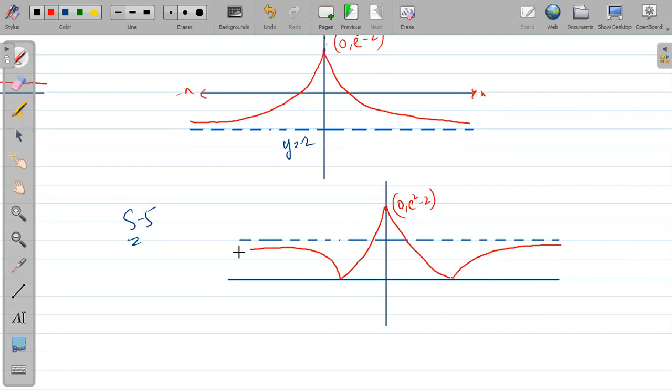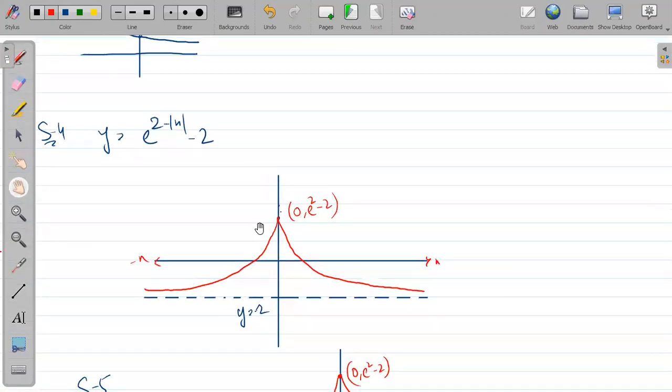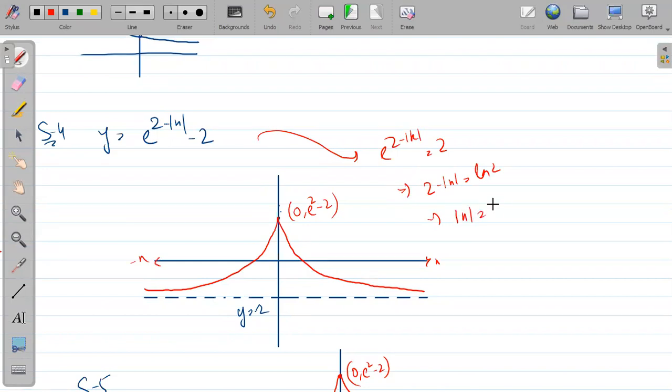Yes, sir. If required, we can find those points, not an issue. How to find those points if I ask you? Equate it with 0. e to the power 2 minus |x| equal to 2. So 2 minus |x| equals ln 2, so |x| is equal to 2 minus ln 2. So x equals plus minus (2 minus ln 2).